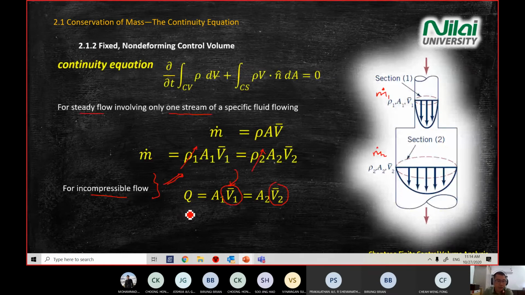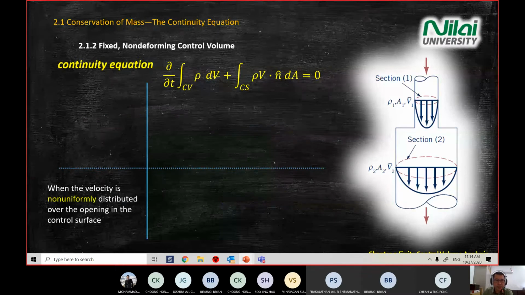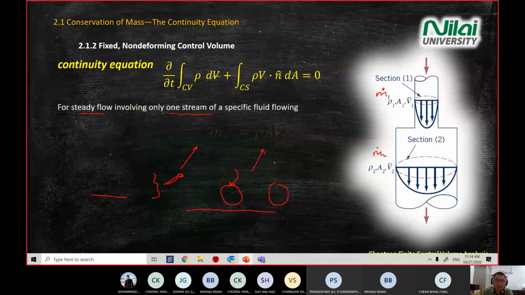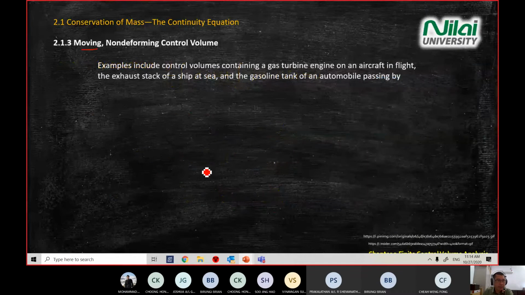So these are the equations that we use when we deal with a fixed non-deforming CV, control volume, all the equations that you saw on the screen just now. These are the concepts that you should always remind yourself of when you see all these keywords in the question.